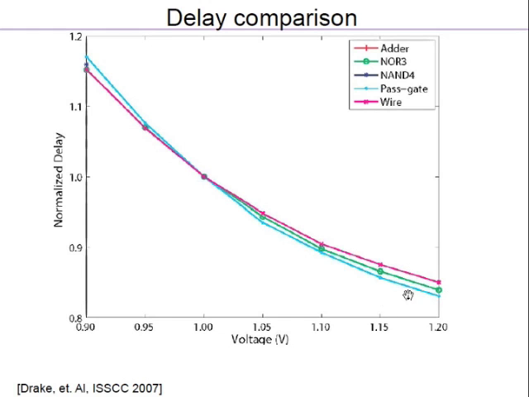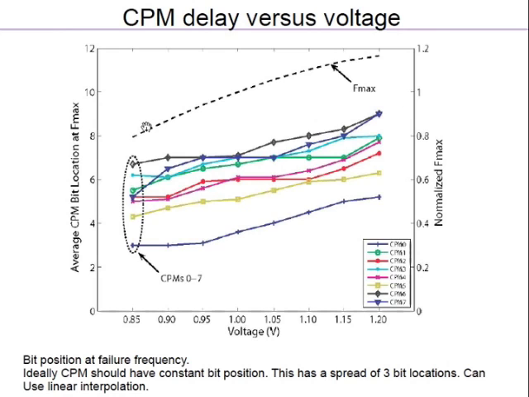What this graph is showing is there's quite a bit of tracking of the delay with each other. It is showing the average bit location at the maximum frequency for all these different monitors. The monitors are essentially set by the mux switches, and the different monitors themselves have different bit locations. What does the bit location mean?